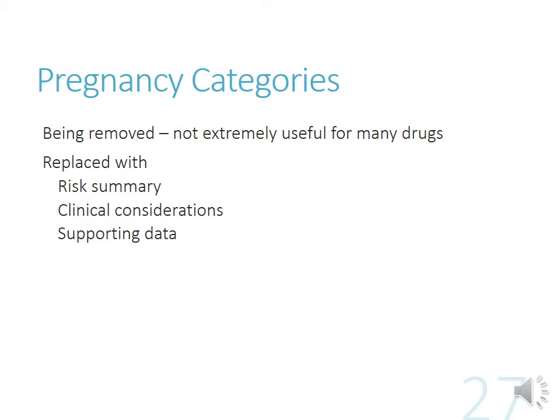That gives you a much better ability to make a clinical decision, like, well, my patient's not actually anything like this, so maybe it's okay for them to receive this or not. You'll see this with a lot of the newer drugs that are coming out. They won't really have a pregnancy category associated with them. Okay. Any questions on that?